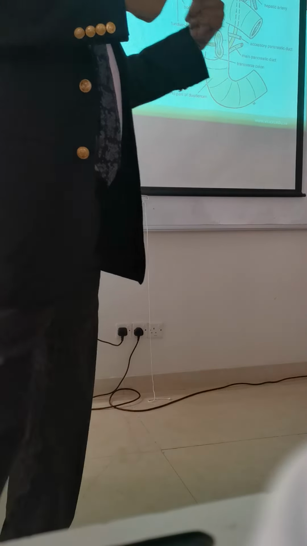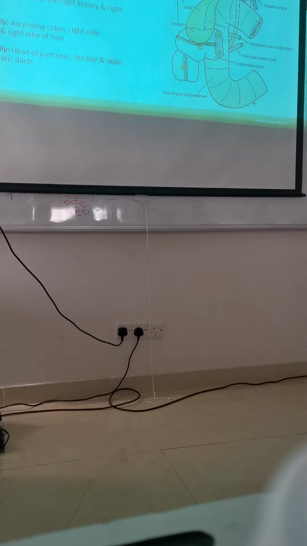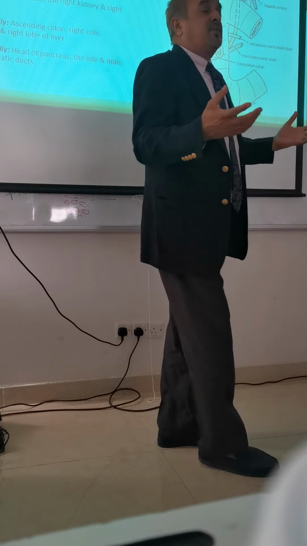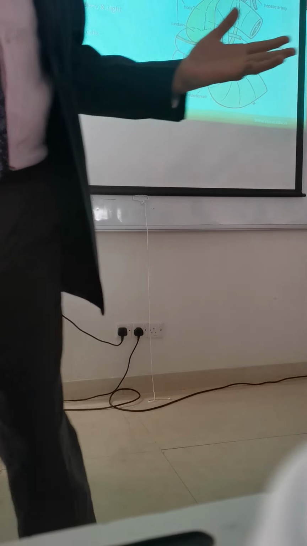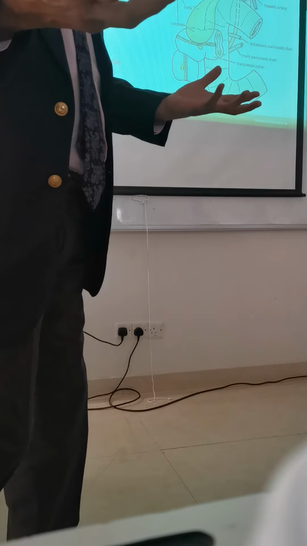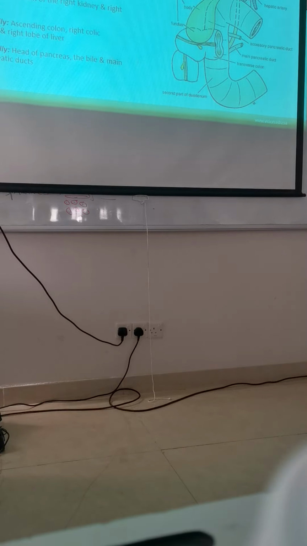They can ask a short essay: give an account of the medial relationship of the third part of the duodenum. So you must know this for the exam as well as for your future practice as future doctors.